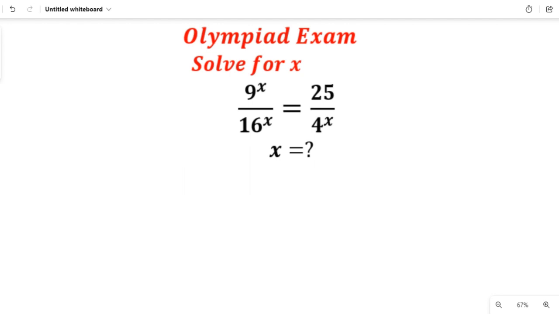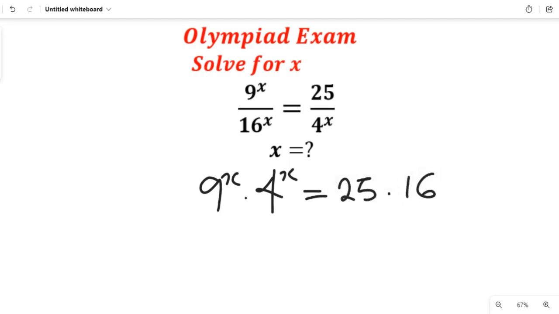Using the first method, we are going to have 9 to the power of x multiplied by 4 to the power of x, and this will be equal to 25 multiplied by 16 to the power of x.